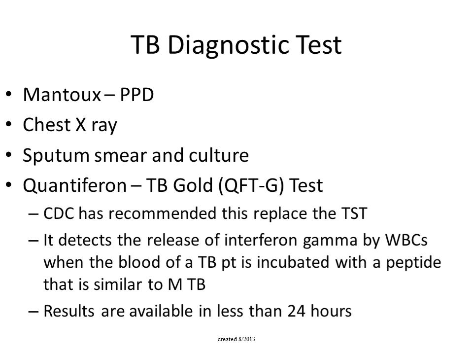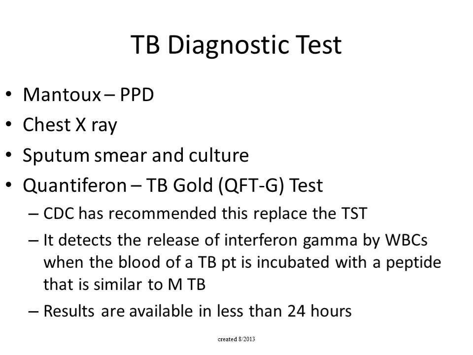And a new test, the TB Gold, the QuantiFERON TB Gold test. It's the newest test recommended by the Center for Disease Control to replace the tuberculin skin test, the little tine test, the little four prongs they stab into your arm as a screening with antigen on there.